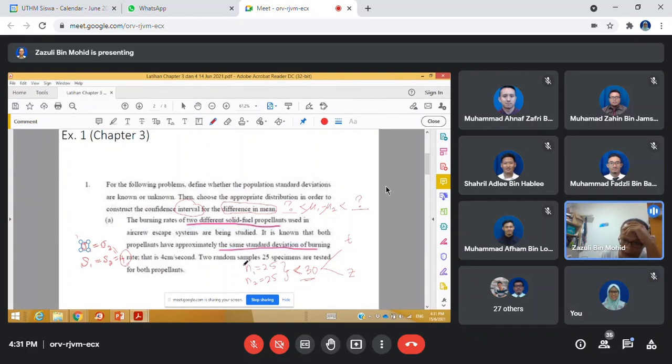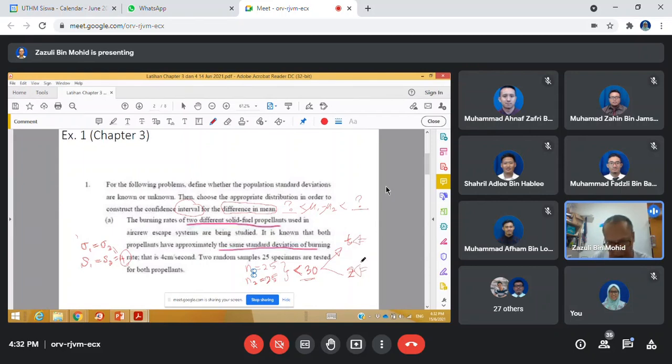So we have 25. N1, N2 is 25. Now, from this, we can understand that the sample is less than 30 for each of it. Bila jadi macam ni, there are possibility of T distribution and Z distribution. We have to define whether this question here is T distribution or Z distribution.